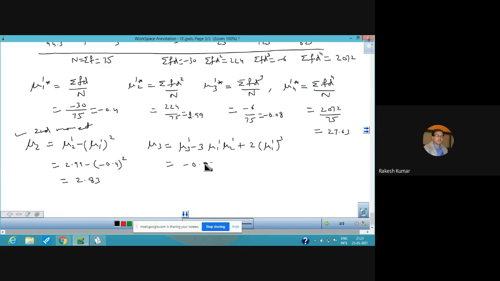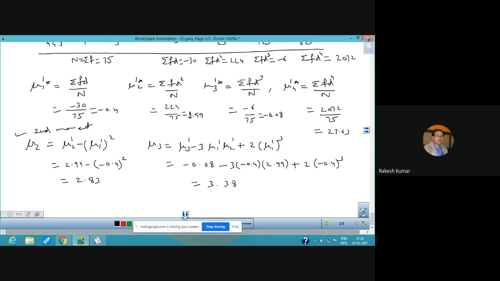That is negative 0.08 minus 3 into mu1 dash, which is negative 0.4, into 2.99 plus 2 times negative 0.4 whole cube. So after calculating this, the third moment is coming out to be 3.38.